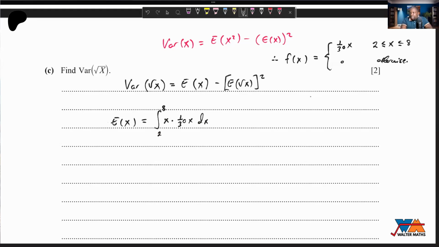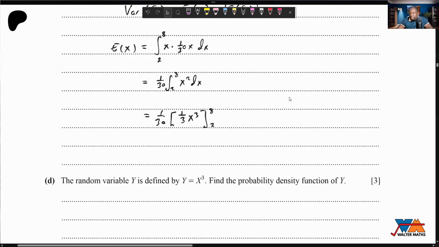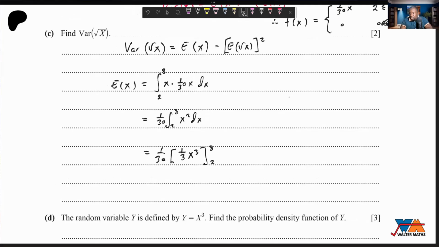So this is essentially 1 over 30 of the integral from 2 up to 8 of x squared with respect to x, which gives us 1 over 30 of a third of x cubed from 2 up to 8.